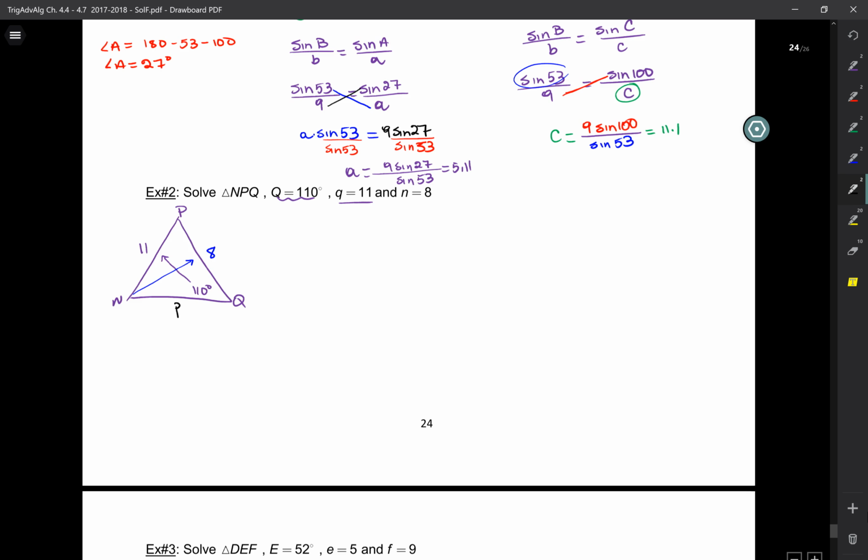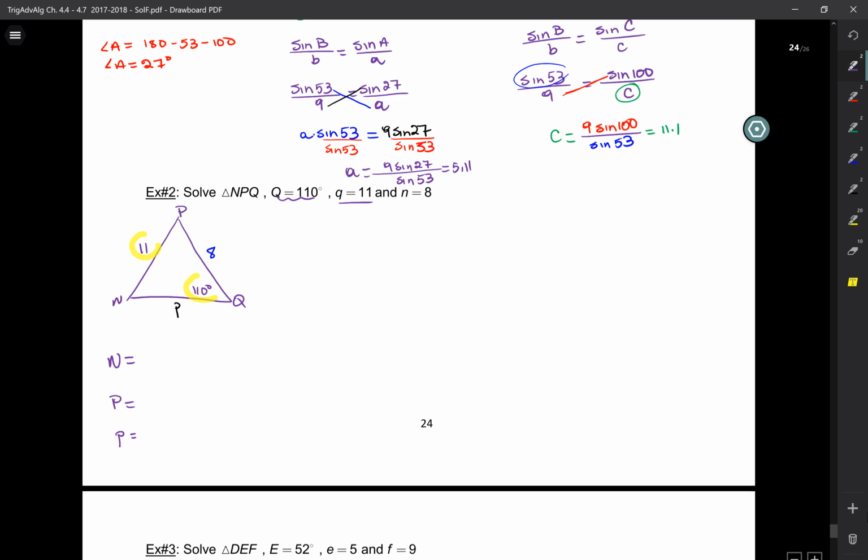Okay, so what is it here that I need to find? What's missing? Well, I'm missing angle N, I'm missing angle P, and I'm missing little p. Okay? All right, so let's go ahead and find these. Let's search for a pair of side and angle where we have both given to us, and that you can see is big Q and little q.